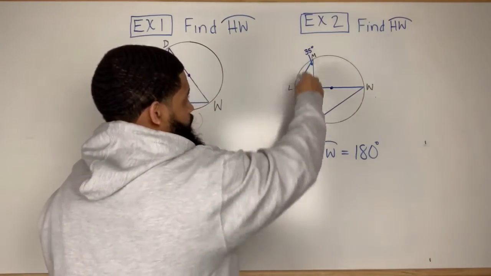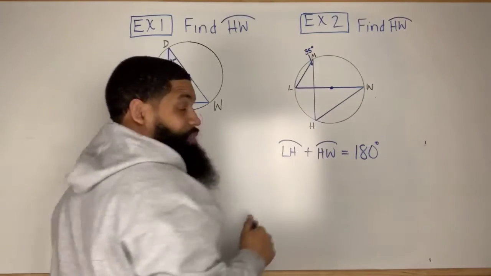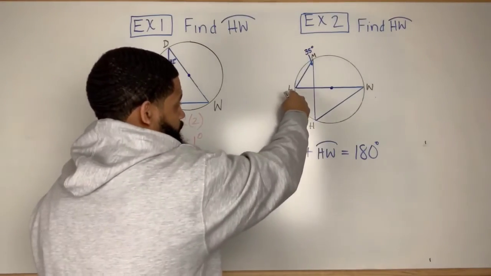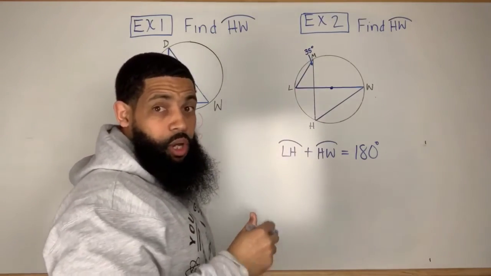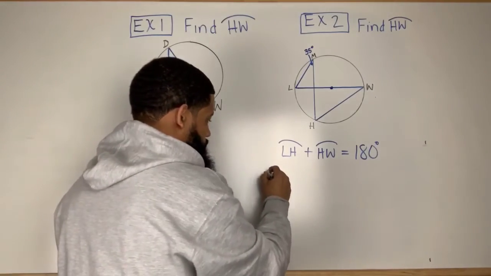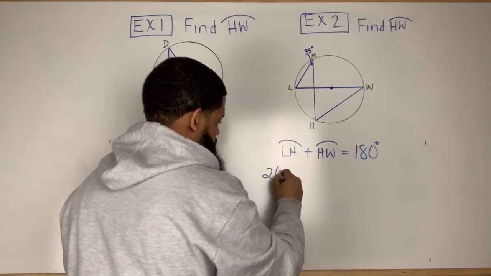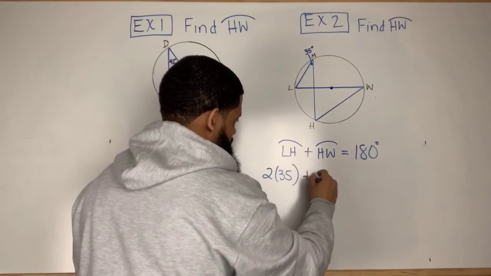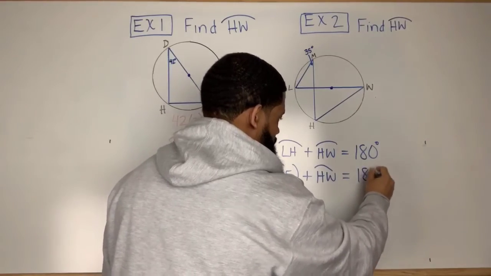So now, if angle M is 35 degrees, then arc LH has to be twice that amount. So arc LH is going to be 35 times 2. So we have 35 times 2 plus arc HW, which we don't know yet, equals 180 degrees.